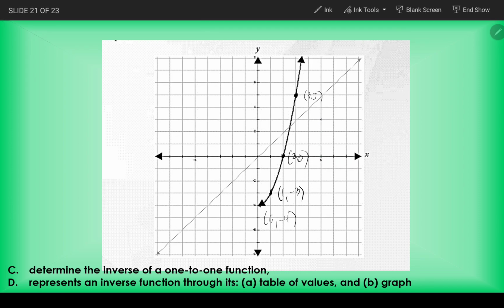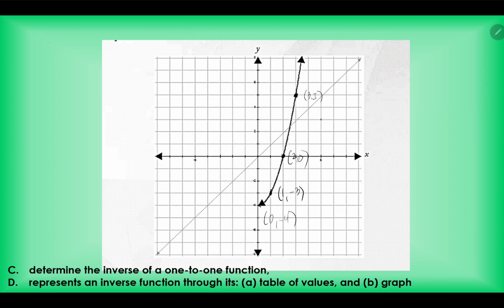We can use another color of pen. And then we have 2, 0, which is 0, 2. And then 1, -3, which is -3, 1. And then lastly, we have 0, -4, so that's -4, 0.